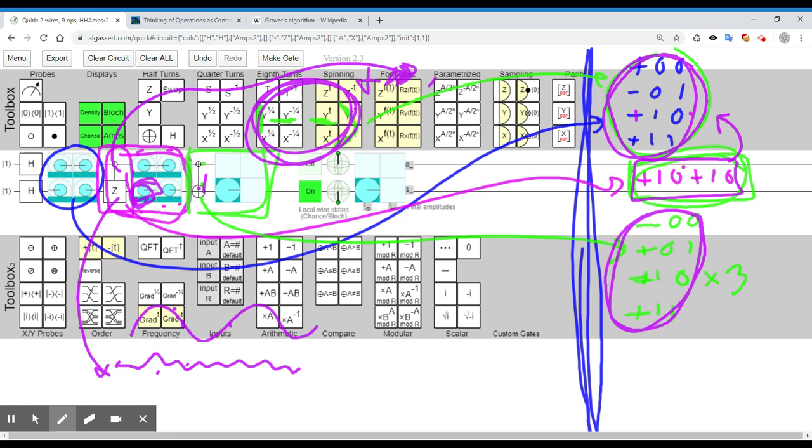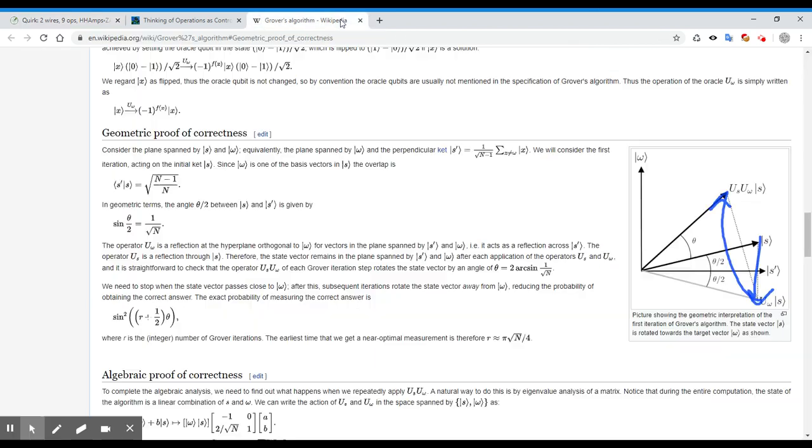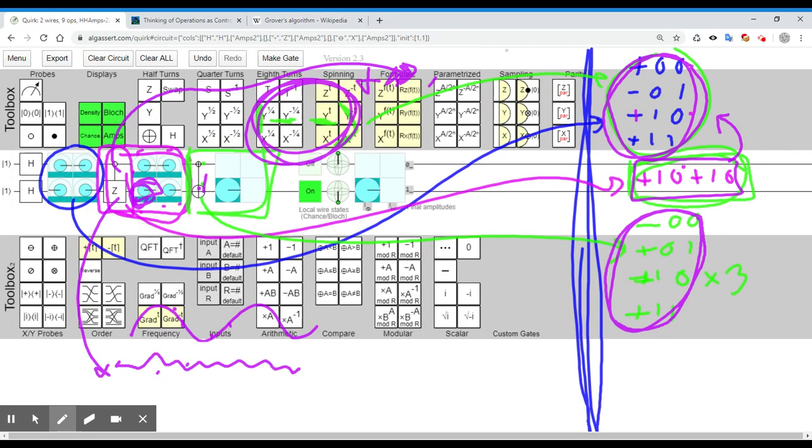The x-axis control here basically flips the effect of your interference back towards the opposite way, and that's this mirroring. Yeah, and that's this mirroring. That's this here, of course. So that geometric proof of correctness, that geometric version, is actually what makes sense.